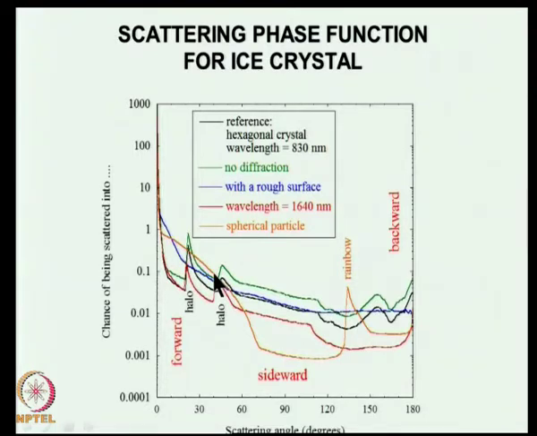So, in order for you to see the optical phenomena created by scattering of ice particles, the ice particles have to be smooth and reasonably uniform in size, so that effects of different ice particles do not cancel out. So, this is not a commonly observed phenomenon.